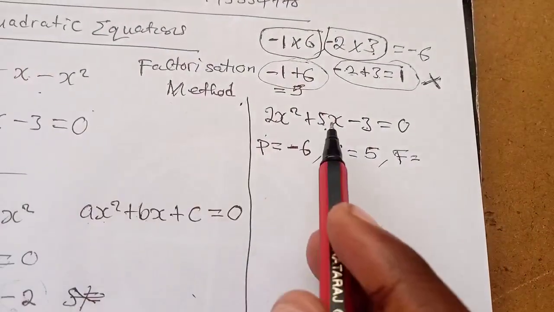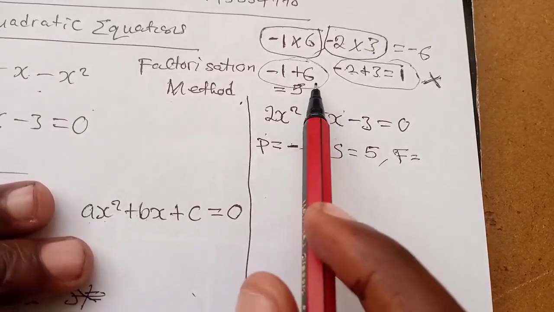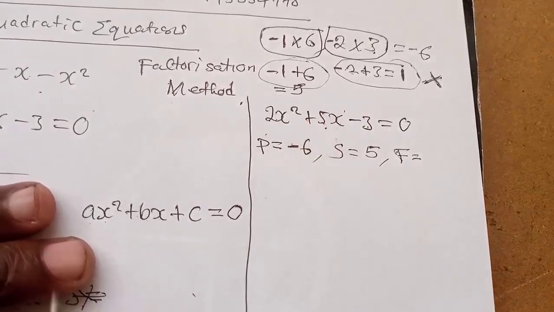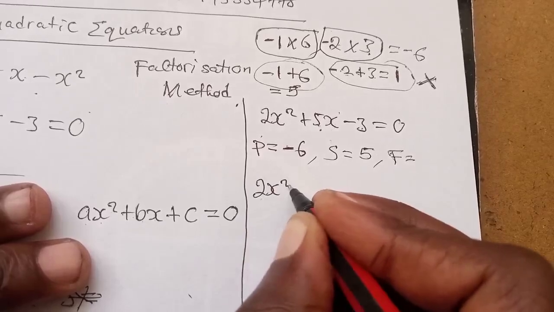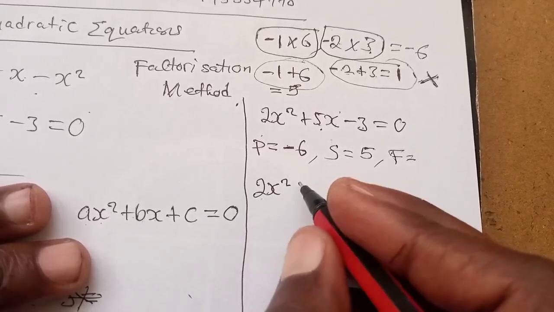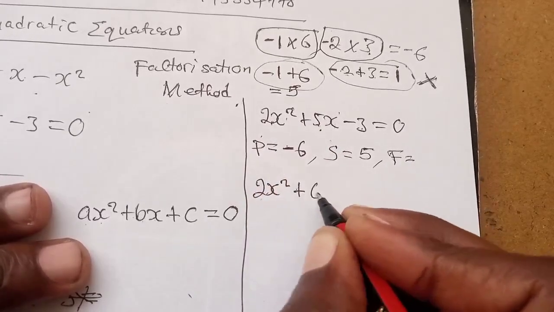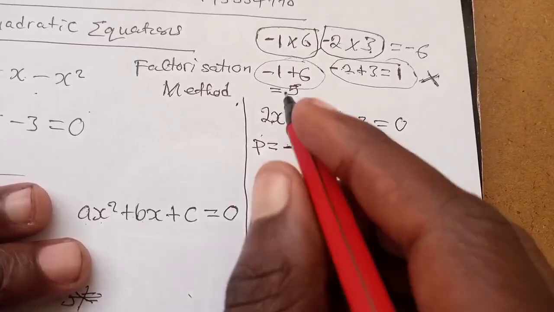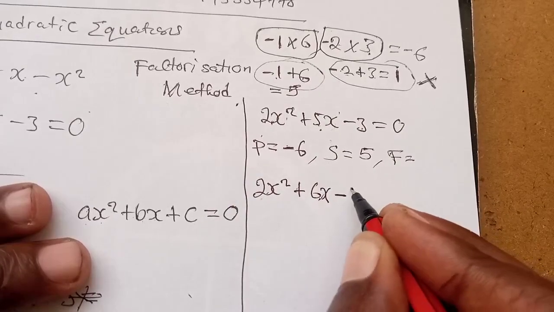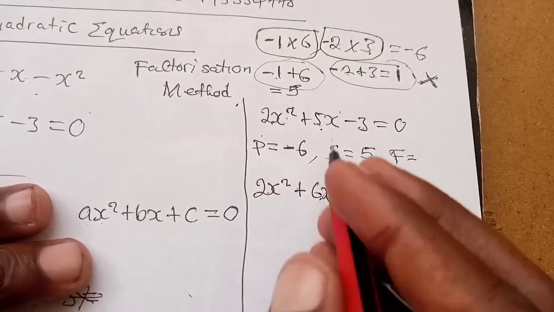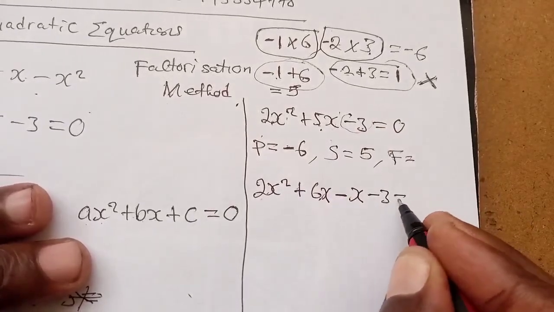We said that this b is going to be replaced with these two factors. So we'll say 2x squared plus 6x, minus x, then we continue from here, minus 3 is equal to 0.